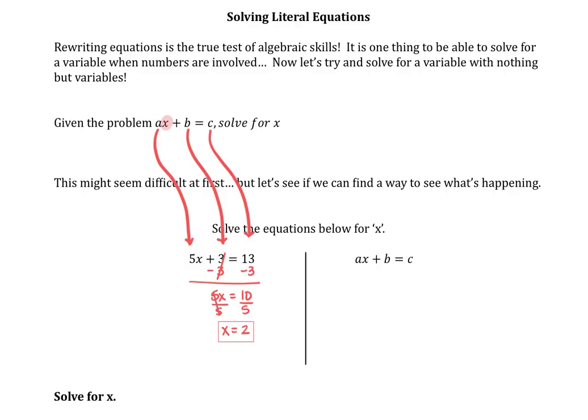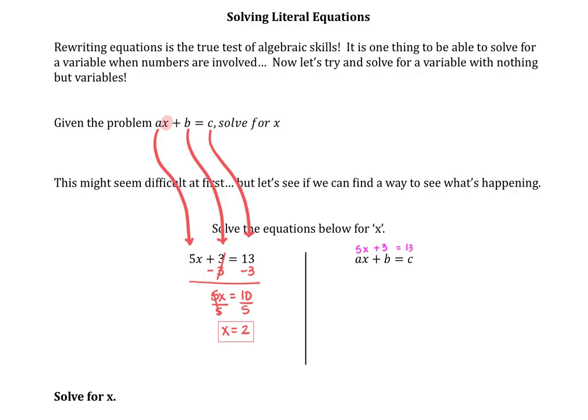Now, I told you that it's pretty much the same thing as this new literal equation, except that I have now converted the 5 to be an a, x stayed the same. I made the 3 become a b, and I made the 13 become a c.